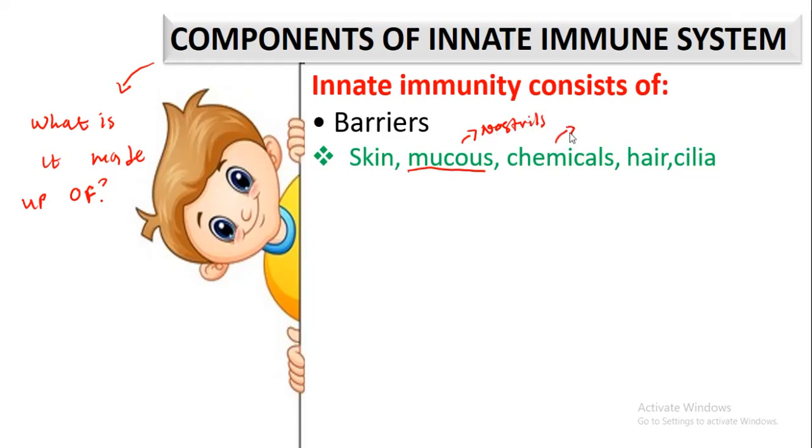You can talk about the chemicals, like the hydrochloric acid in the stomach. The hydrochloric acid in the stomach plays a major role in fighting against any foreign material, in case you have eaten or taken something that has some bacterium. The hydrochloric acid will kill that bacteria because this is an acid. So these chemicals, you can talk of the eyes.